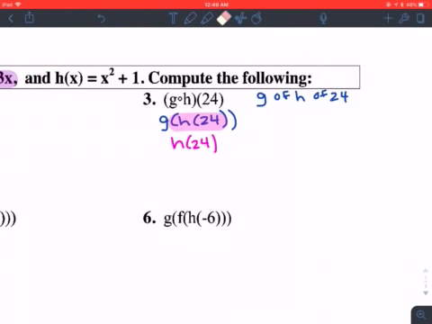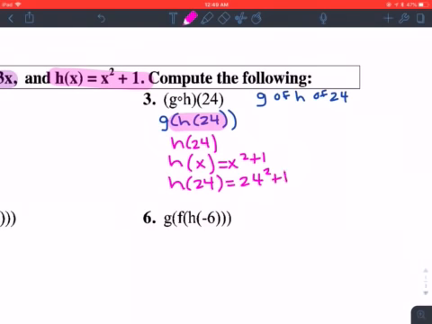And we're given that h of x is x squared plus 1. So for h of 24, we're going to find 24 squared plus 1.